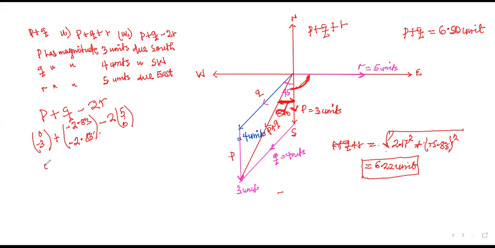So 0 minus 3 plus minus 2.83 minus 2.83, then minus 10 and 0, when we multiply 2 by R. So when we combine everything, we have minus 12.83, then minus 5.83.